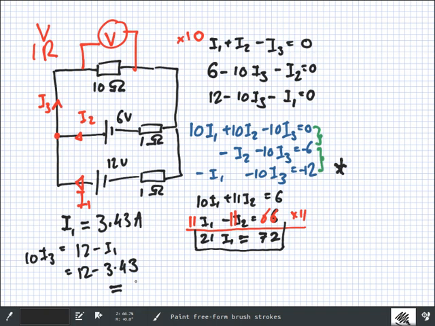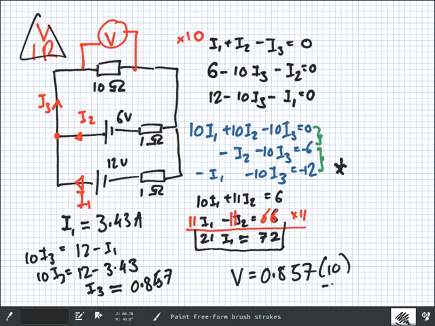And so if I divide by 10, that's 0.857. That's the I3. Right, now I can get my voltage. V equals I, or, so I'm multiplying by 10 again, so I'm back to 8.57 volts, which is the correct answer.